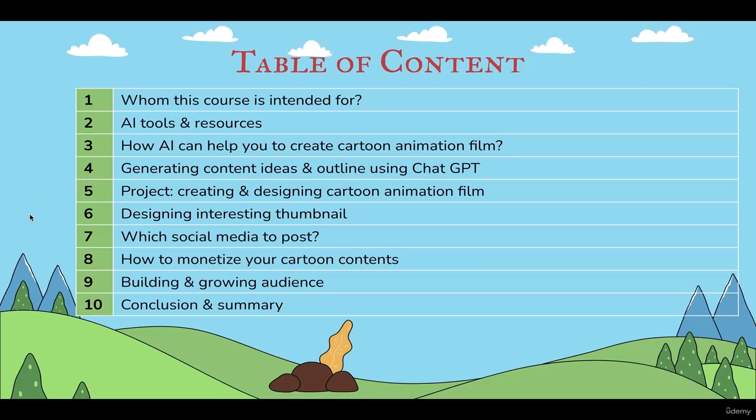Let's move on to the next one here, chapter 6. We're going to learn how to design interesting thumbnail. Obviously, when it comes to content creations, when it comes to film creations, thumbnail is very important, guys. Reason why? Because that's going to be the first thing that your potential audience will see, right? If your thumbnail is interesting, then most likely they're going to click on it and watch your content or watch your film.